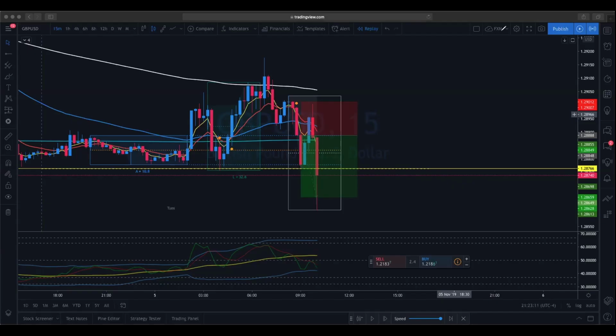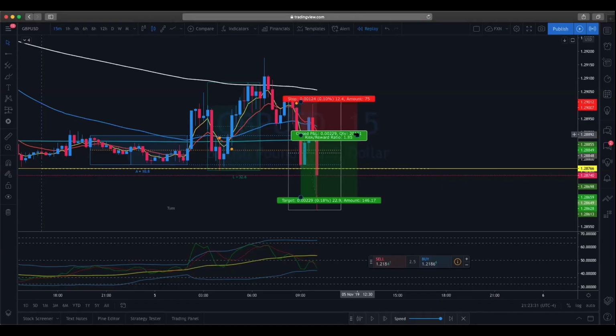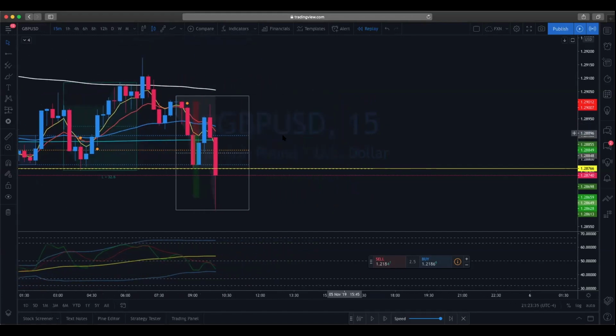It is, but depending on where you are, you could be looking at a crazy big stop loss unless you get a nice pullback. So let's say like this right here, you get two candles that come back up.